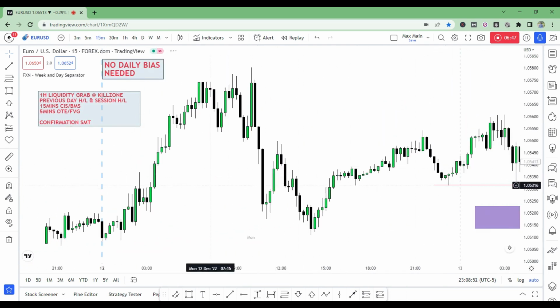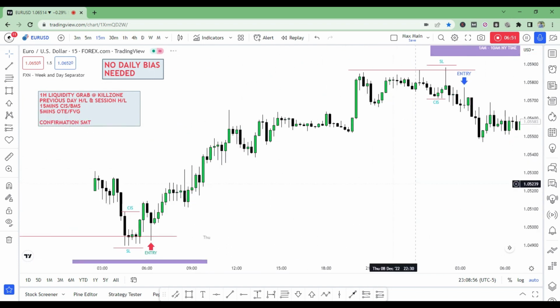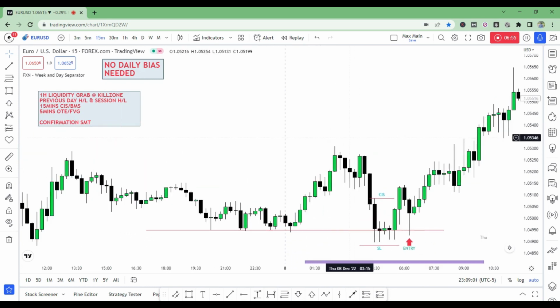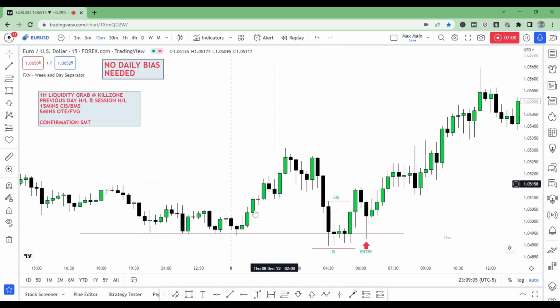So if we go back to 8th of December, let's zoom in on this example. So guys, if you look at this, this is where the liquidity was grabbed, and it was during London open session. So how do you confirm now that this market is likely to reverse?